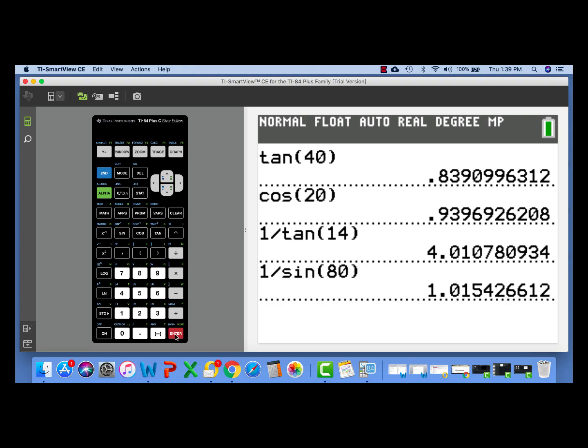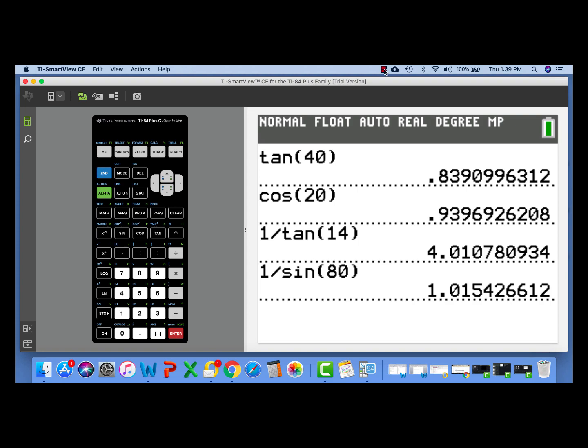So the cosecant of 80 degrees is 1.0154, etc. So we can use our fundamental reciprocal identities to find other values of functions using our calculator, even though we do not have a specific calculator button for cosecant, secant, or cotangent.